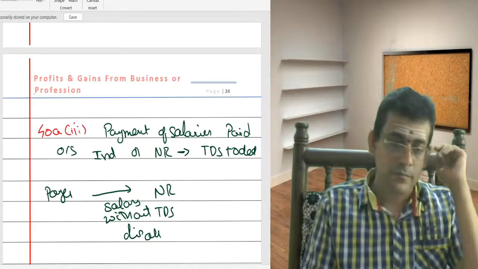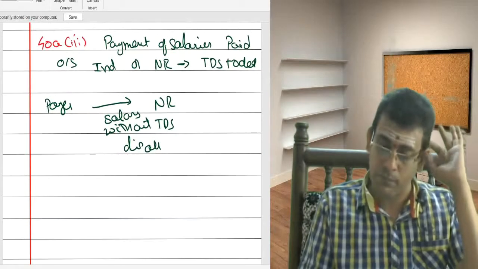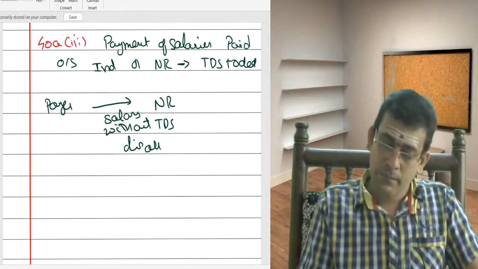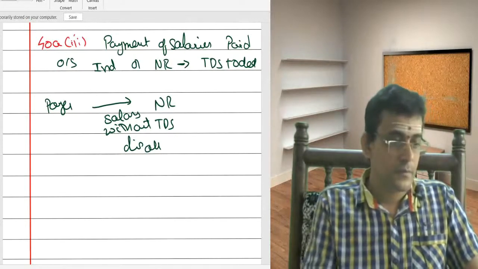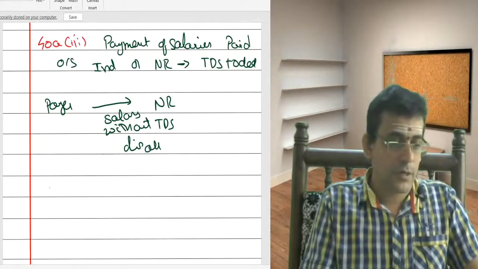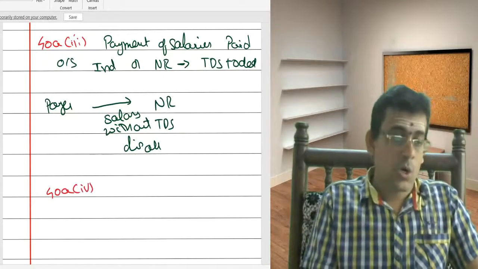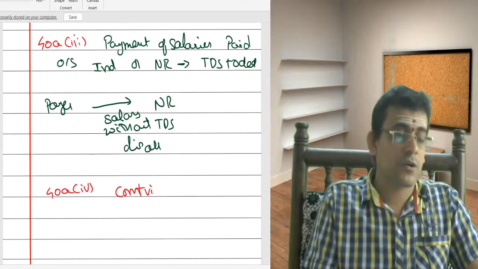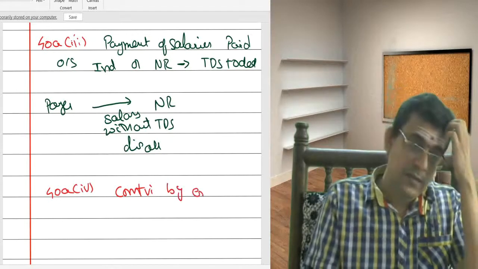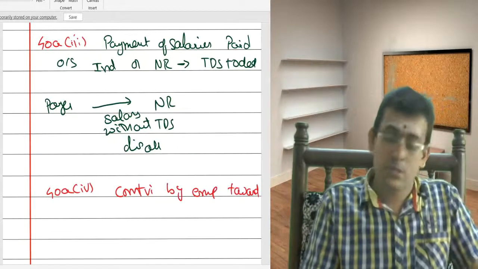Then there is something called 40A subsection 4. Okay. 40A subsection 4. What is this? Contribution towards employees welfare fund. Any sort of contribution by whom? By the employer towards what?